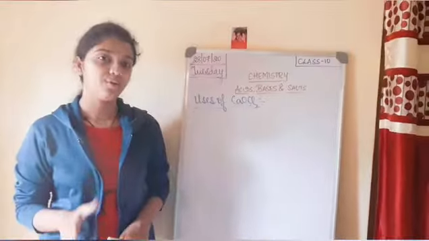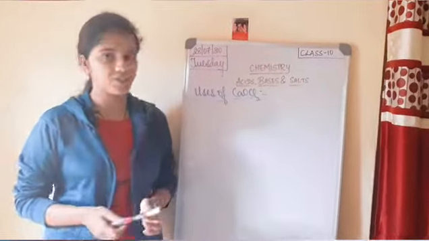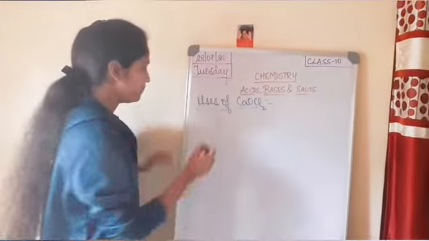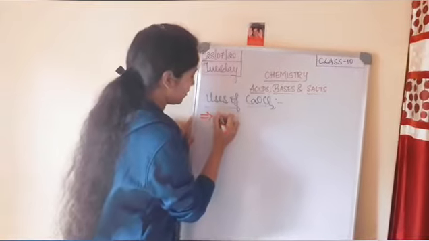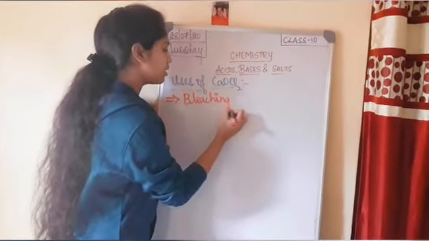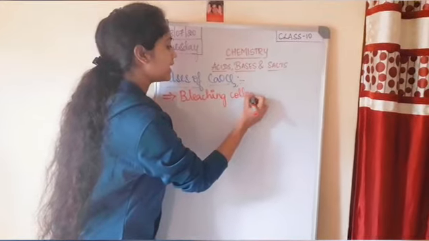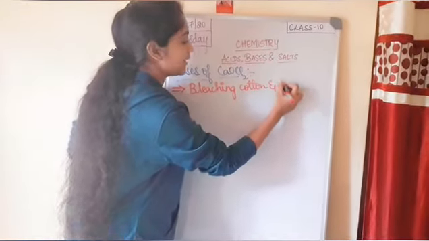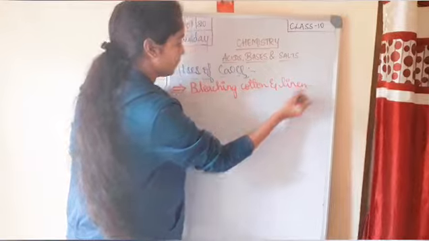Now let us learn the uses of calcium oxychloride, that is bleaching powder. It is used for bleaching cotton and linen in textile industries.